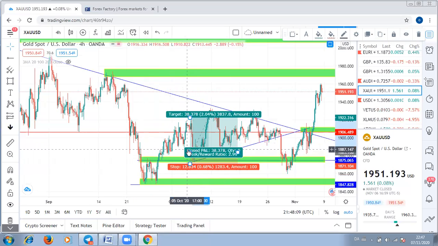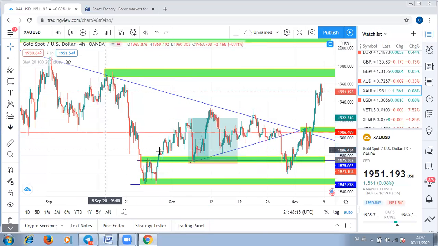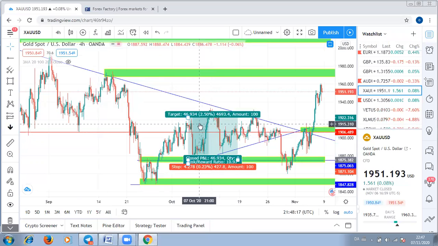Then you put your entry just a little below. So you find out that if you are taking these trades, you would have gotten almost 4,000 pips. This 4,000 pips, that's a lot of money. That's almost 40 something dollars if you're using a 0.01 lot size, $469 if you're using a 1.0 lot size.